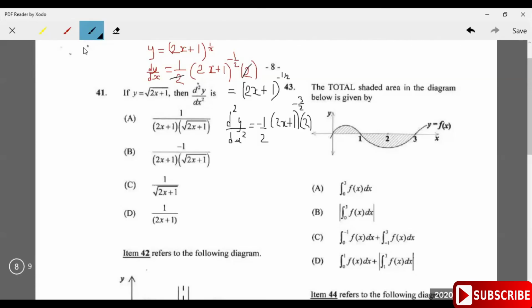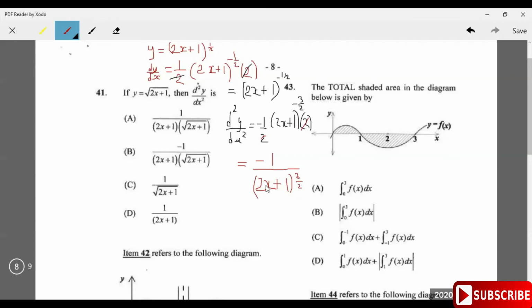This 2 cancels the half. And so we're left with d2y by dx squared equal to minus 1 over 2x plus 1 to the 3 over 2 power.